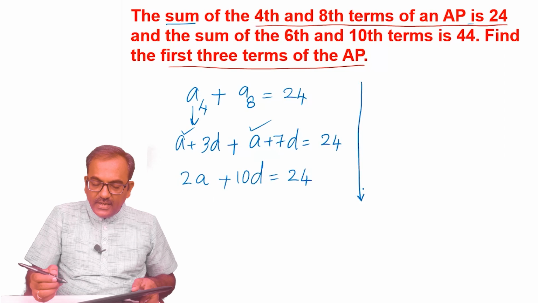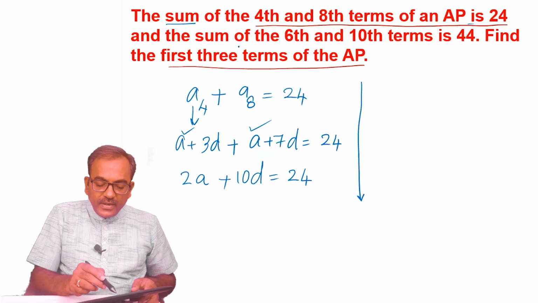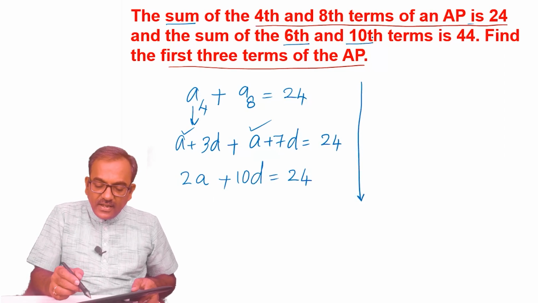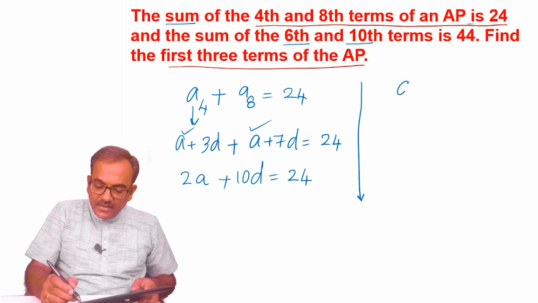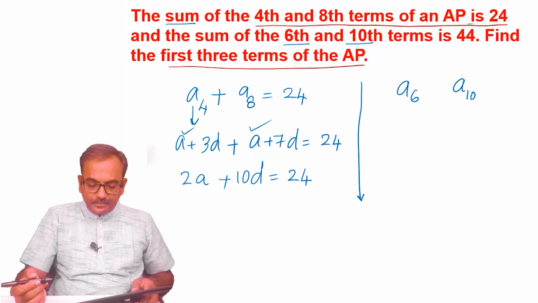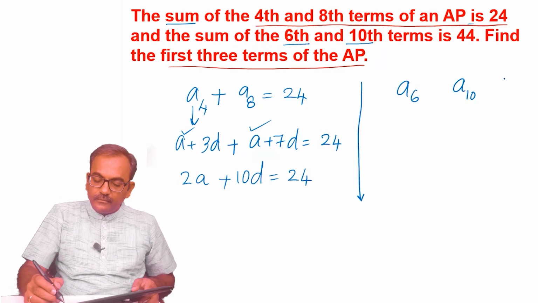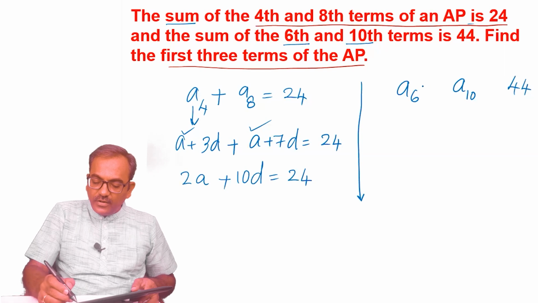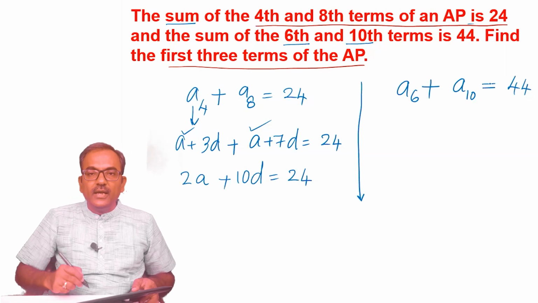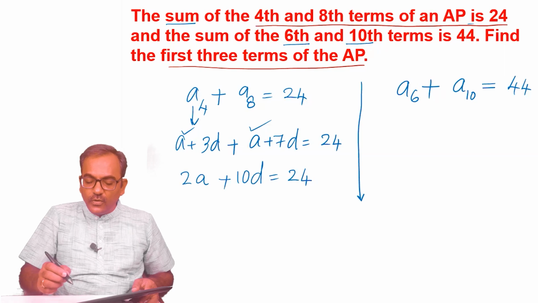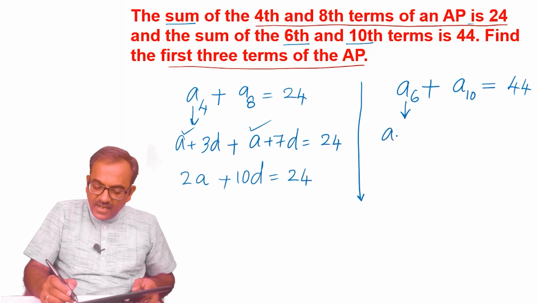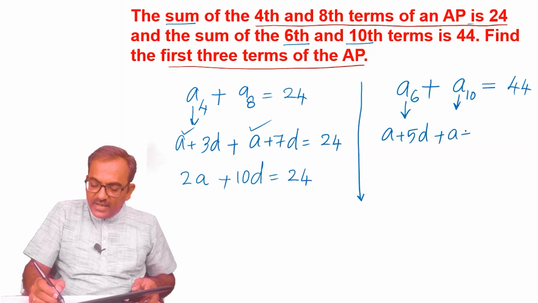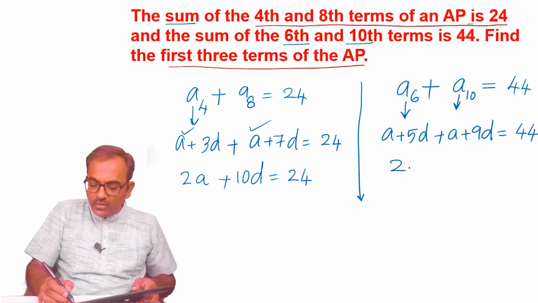Now let me go for the second statement: the sum of the 6th and the 10th terms. 6th means A6, 10th term means A10, and the sum is 44. Therefore, A6 plus A10 is equal to 44. A6 we visualize as a plus 5d, A10 as a plus 9d, which is equal to 44.